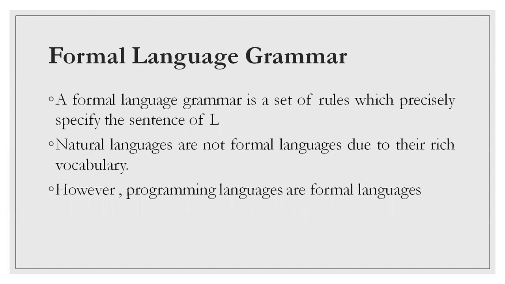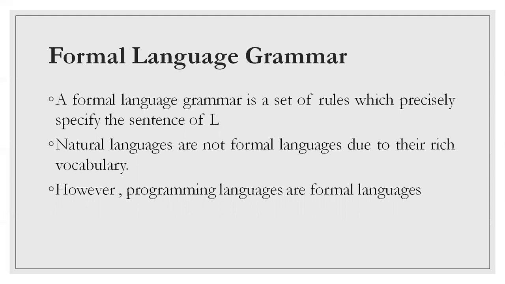Now, what is a formal language grammar? A formal language grammar is a set of rules which precisely specify the sentences in L. If the grammar does not precisely specify the sentences of language L, then we cannot call it a formal language grammar.